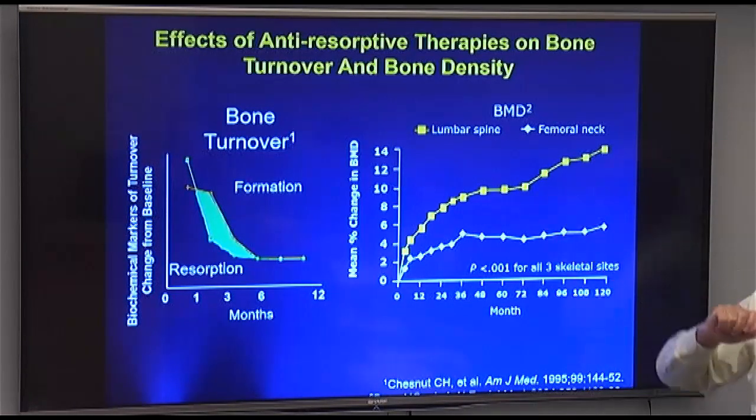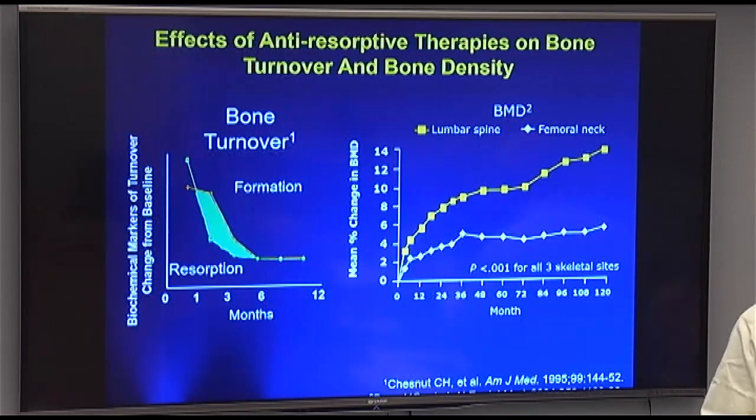Bone density in all the trials we're going to talk about, without exception, the lumbar spine will show effects first. I don't think you'll ever be able to show me a study where lumbar spine did not go up first. And it also goes up the most.